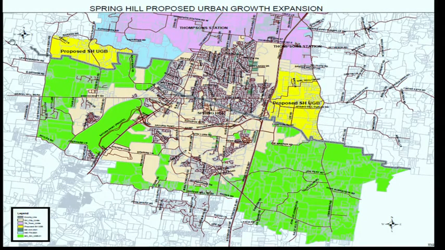The process that would be required is, one, any properties that fall within that urban growth boundary, the property owner would need to submit applications to the city of Spring Hill to annex the land from the county into the city of Spring Hill.